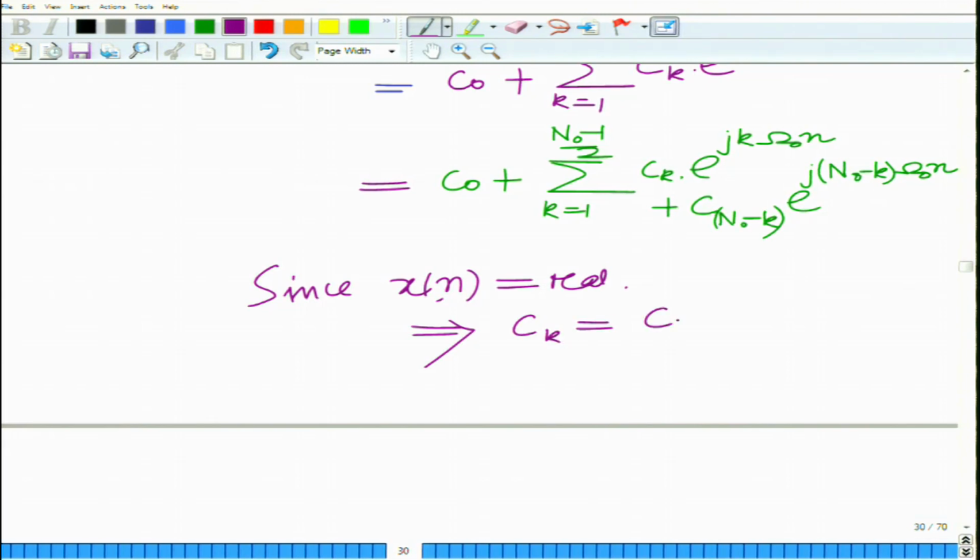So, C_k equals C of minus k conjugate equals C of N naught minus k conjugate.